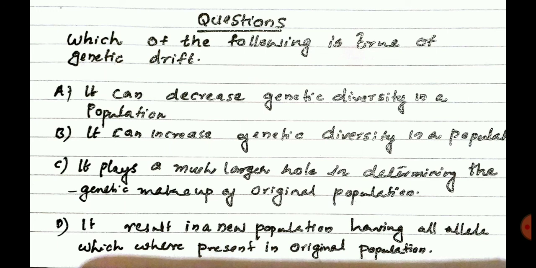We want the true statement. Can it increase genetic diversity? No, never. It decreases genetic diversity actually, so option B is eliminated. The other options are not true either. The true option is that it can decrease the genetic diversity in a population.